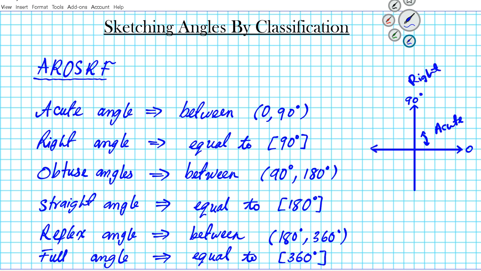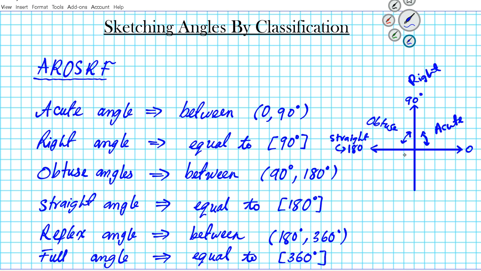Okay, if you're anywhere between 90 degrees and 180 degrees, namely quadrant 2, guess what? You are an obtuse angle. So this is obtuse. So this is arrow. And then if you're right on the negative x-axis, the 180 degrees, this is a straight angle right here, straight.